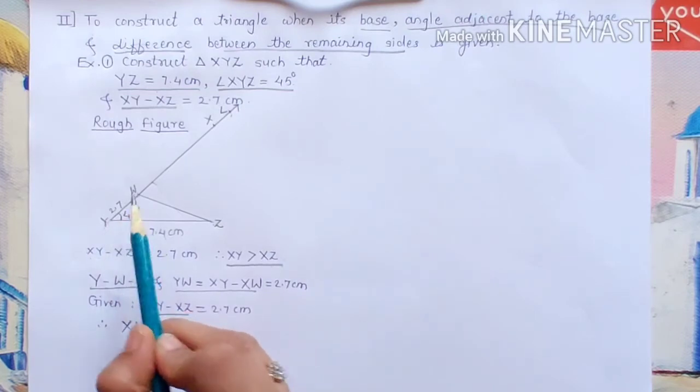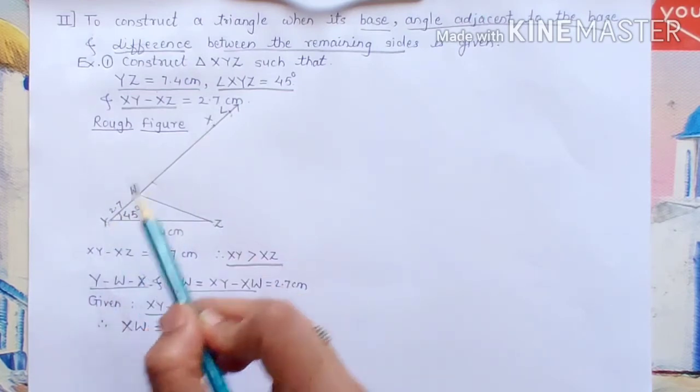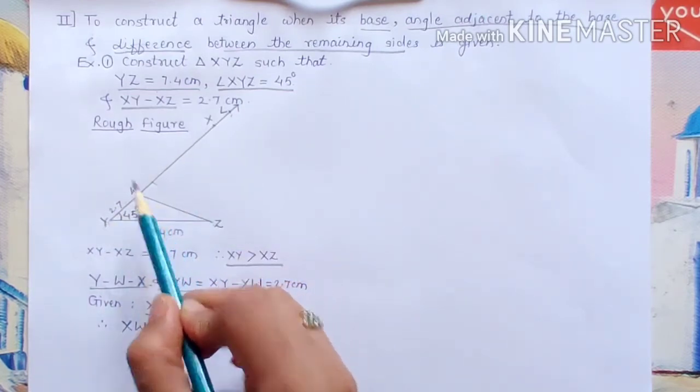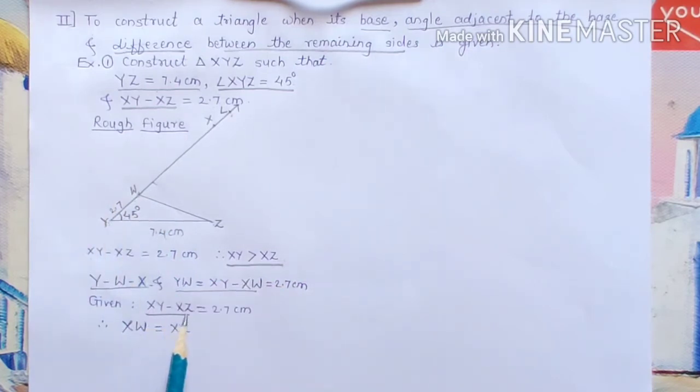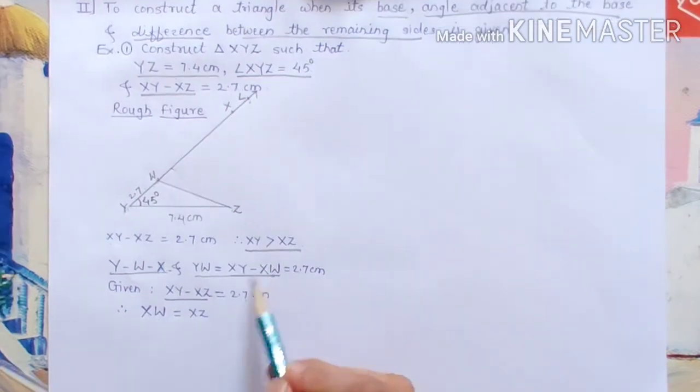YW is equal to XY minus XW, and it is given that XY minus XZ is equal to 2.7, and this difference XY minus XW is also 2.7 centimeter. From these two statements we get XW is equal to XZ, that is, the length of segment XW will be equal to the length of segment XZ.